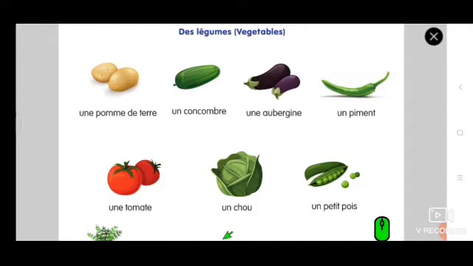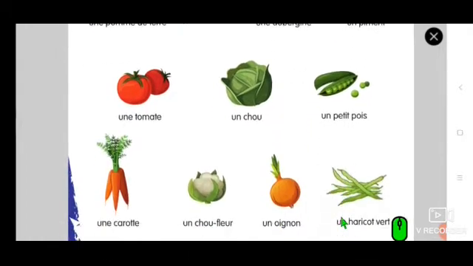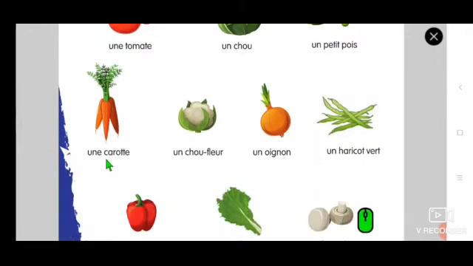Un chou. Un petit pois. Une carotte. Un chou-fleur.